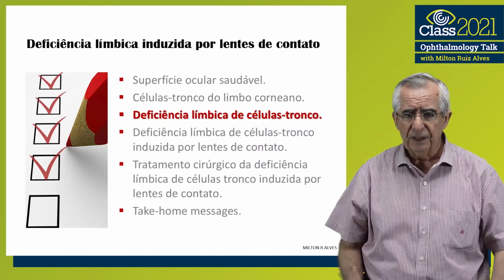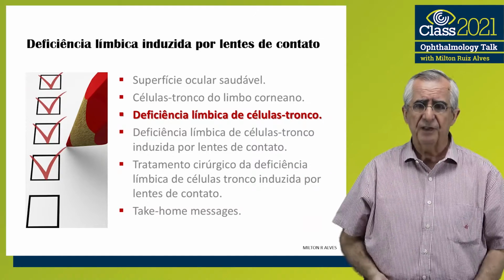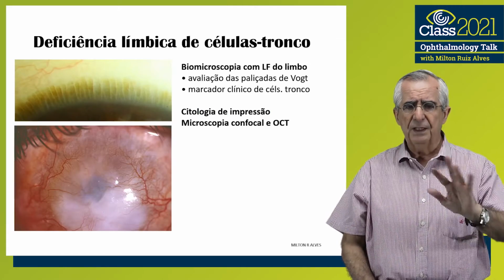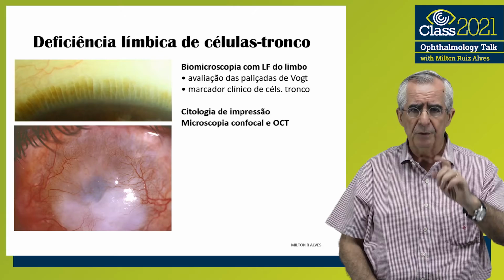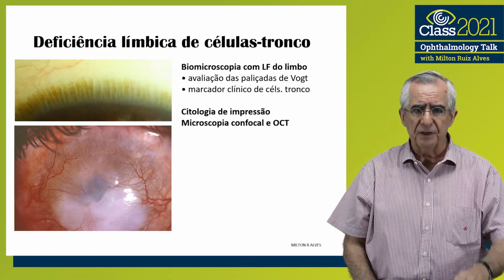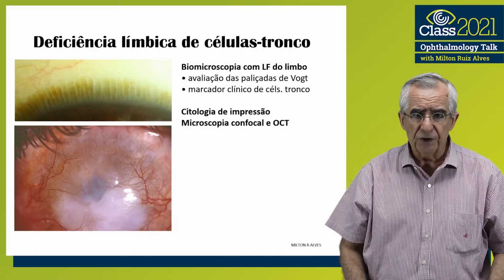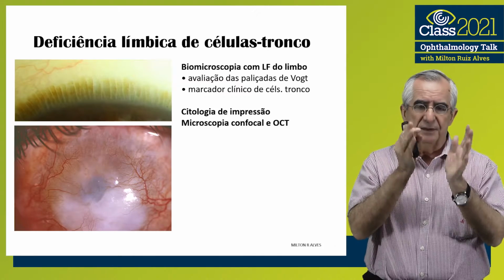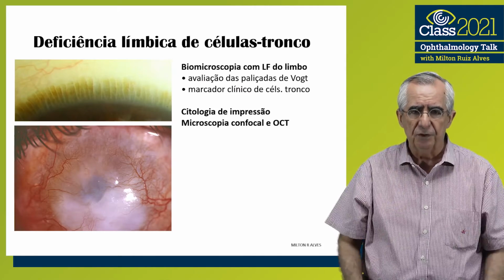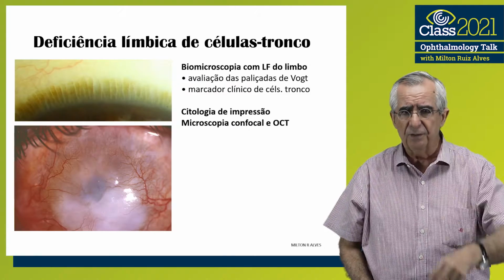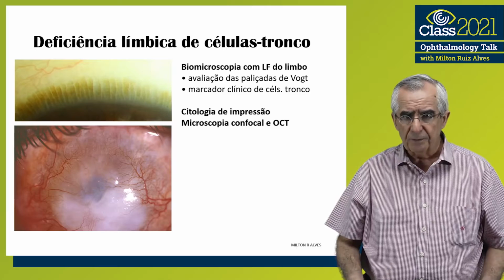Well, if that doesn't happen, then we are heading towards limbal stem cell deficiency. Here, I want to draw your attention to the slit lamp biomicroscopy, showing the Vogt palisades that are clearly visible because the individual is melanodermic, and in the crypts of these palisades are the stem cells.